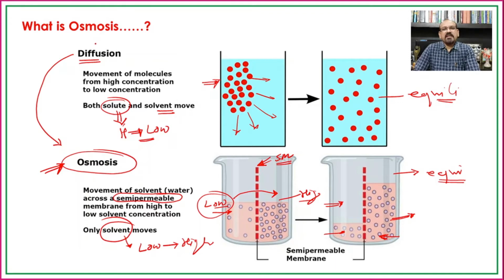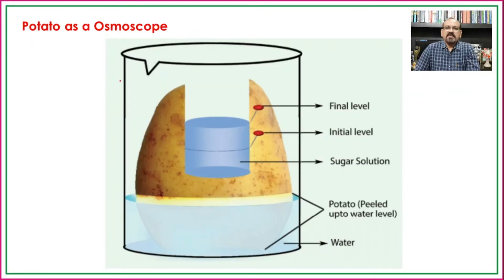Though the plasma membrane is not a truly semi-permeable membrane, because in plants when water moves through the plasma membrane it can also allow some of the solids, hence it is known as a selectively permeable or differentially permeable membrane. In this diagram, we can easily observe or carry out the process of osmosis.